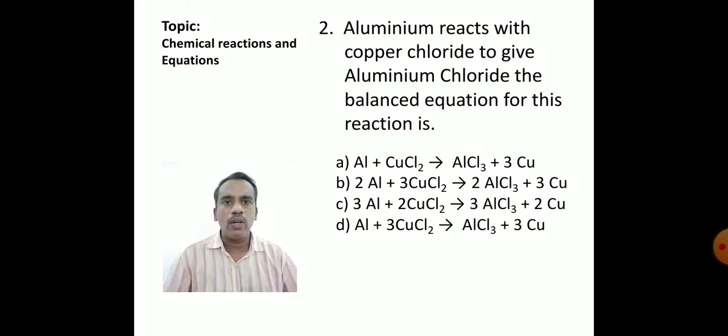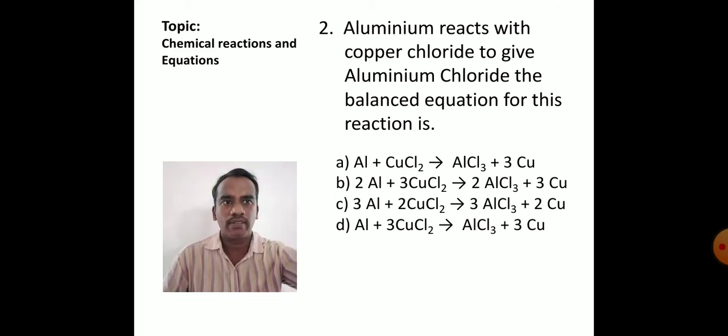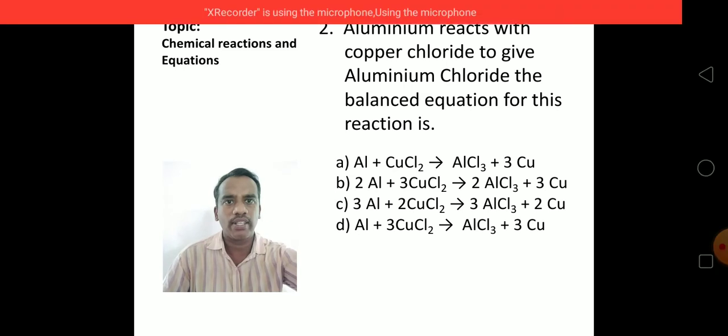Basically, aluminium shows a +3 oxidation state. Now, in the end product, it says aluminium chloride is formed. We need to give a balanced equation here. Let us see the balanced equation for this reaction.